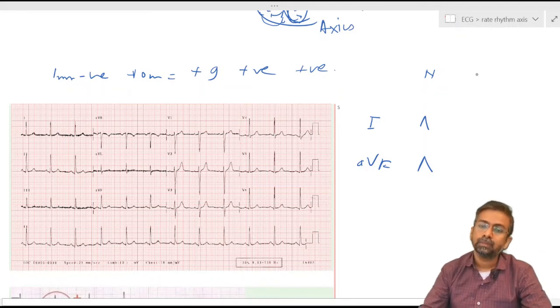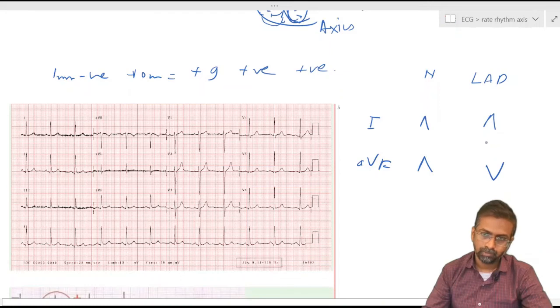Okay, now in case of left axis deviation, what happens? The resultant deflection is positive in lead 1 while it is negative in lead AVF. They are kind of leaving each other. L for leaving. One is going up, AVF is going down.